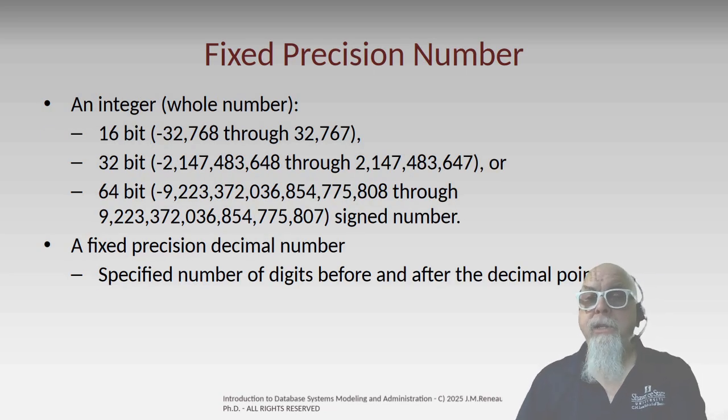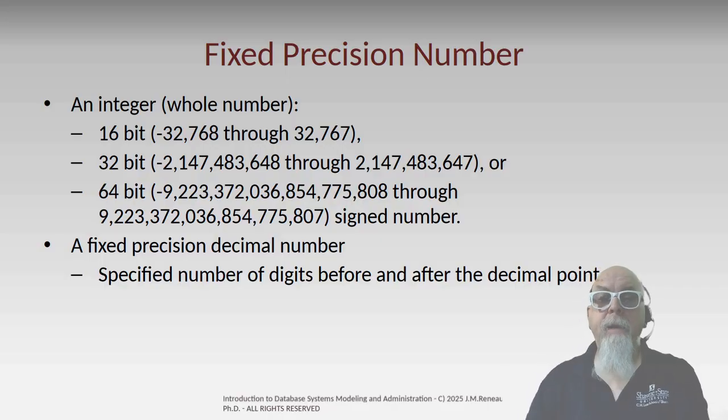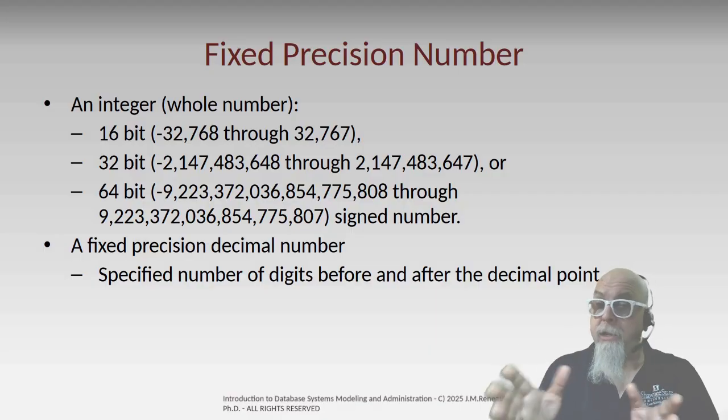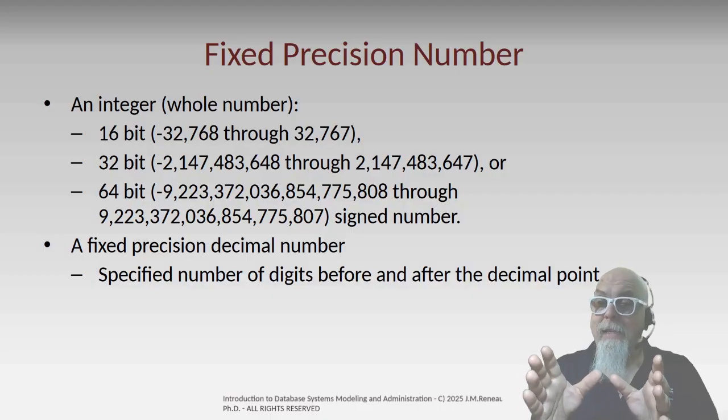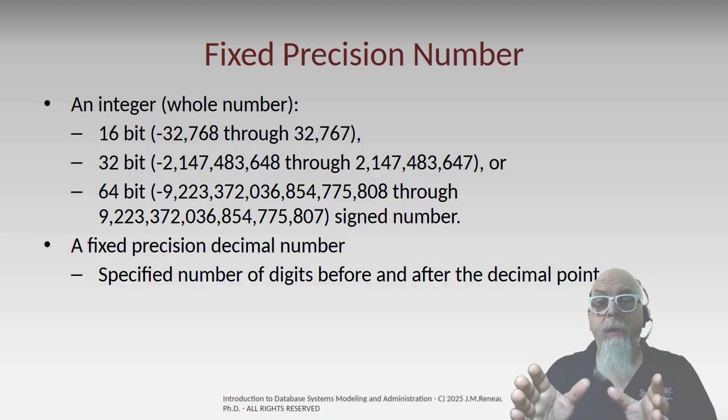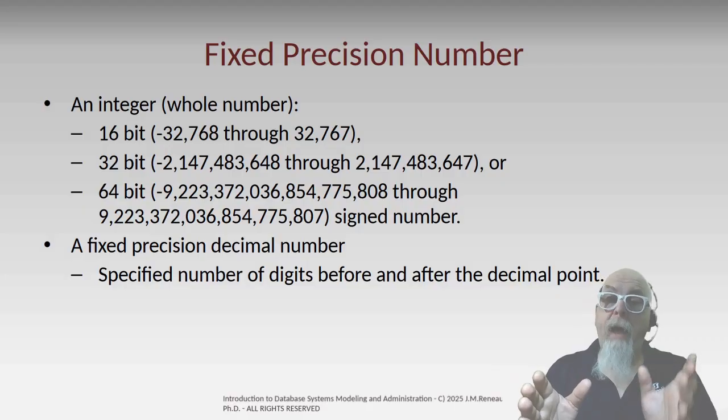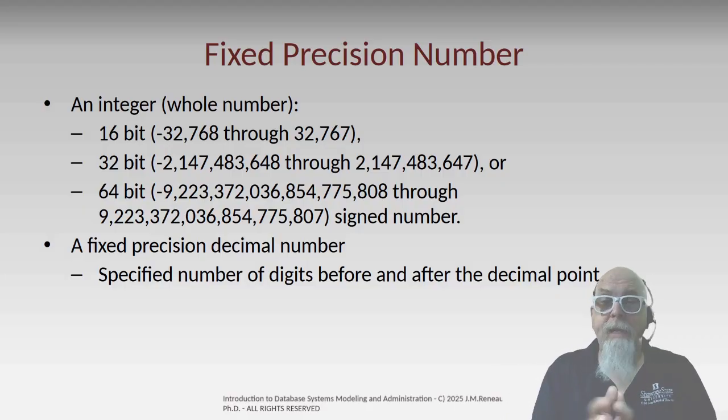A fixed precision number is a number that has a defined precision. It makes sense by its name, but that means the number of valid digits in a number, or the valid range from high to low, we know, and it cannot exceed that.